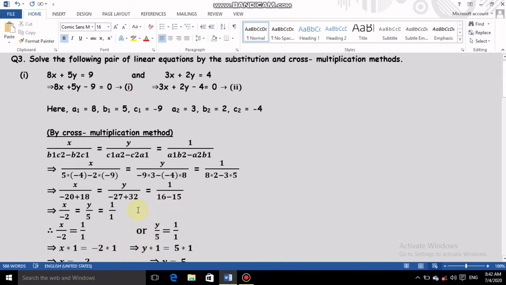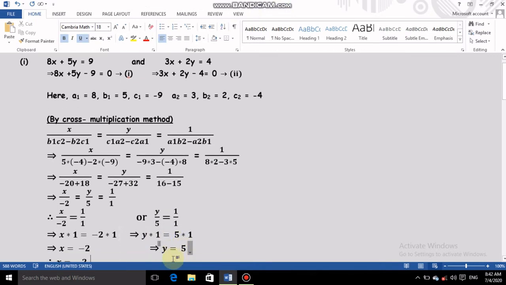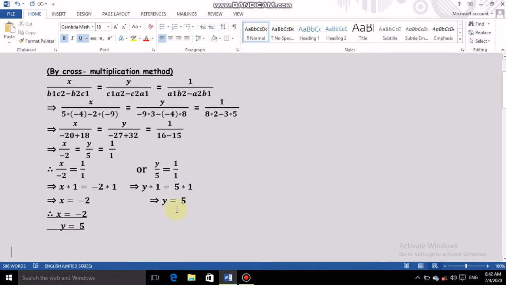And y by 5 is equal to 1 by 1, so y is equal to 5. So the answer is x is equal to minus 2, y is equal to 5.